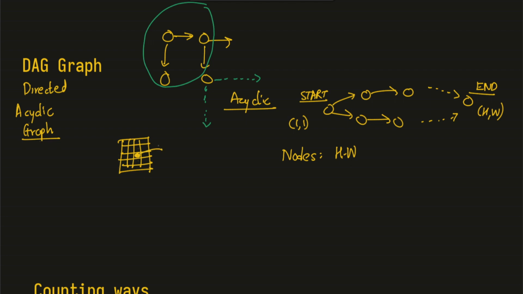So let's say (i, j) is a particular node in the graph, which has some edges and neighboring vertices. Each node can be connected to either its downward neighbor or right neighbor, so the number of edges will be of order 2HW, which is the same as order HW.